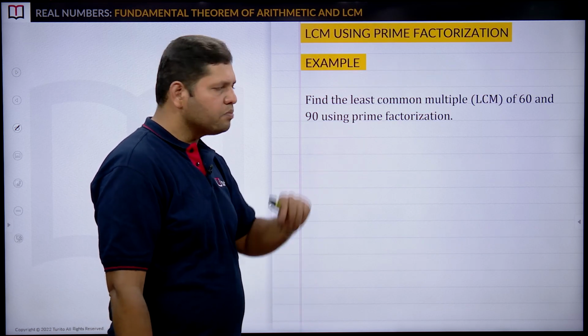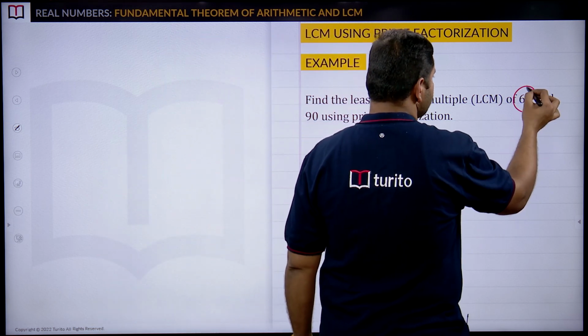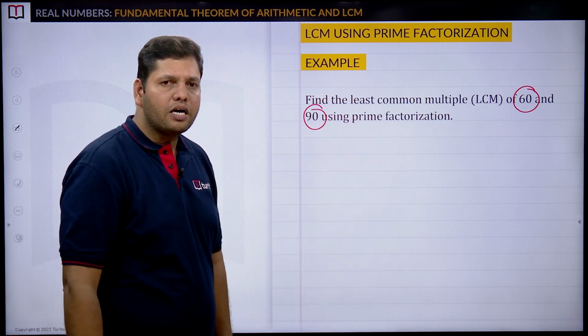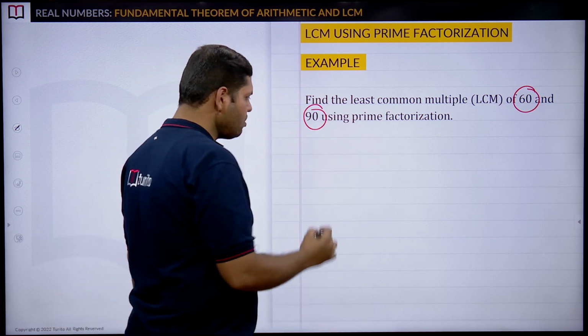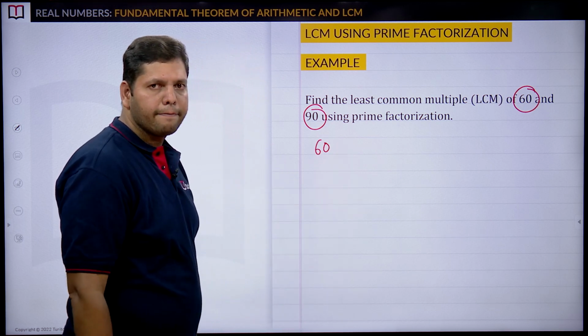Now children, I am taking a small example. I want to find the LCM of 60 and 90 by using the prime factorization method. Children, first find the prime factorization of 60.